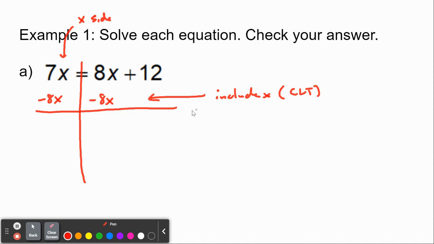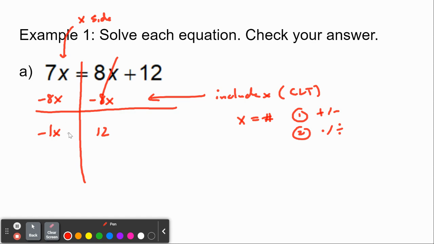So we've decided to make x on our left-hand side, and we're going to simplify the right-hand side. When you do 7 minus 8, that's -1, and the x comes down. On the right-hand side, the 8x's cancel, and your 12 comes down. Now it boils down to what we talked about last lesson: we either add or subtract something first, and then multiply or divide second.